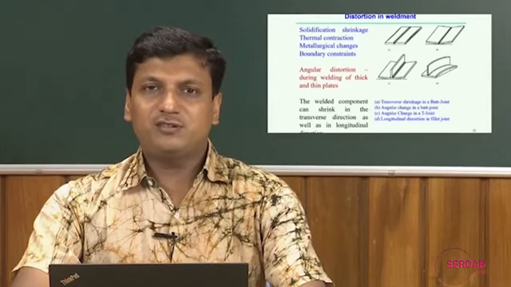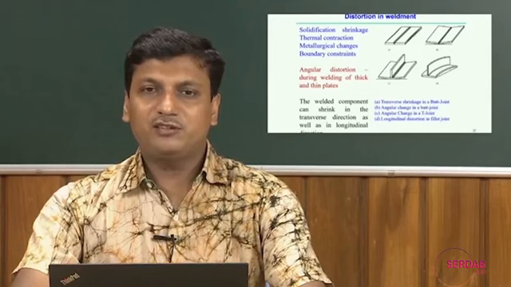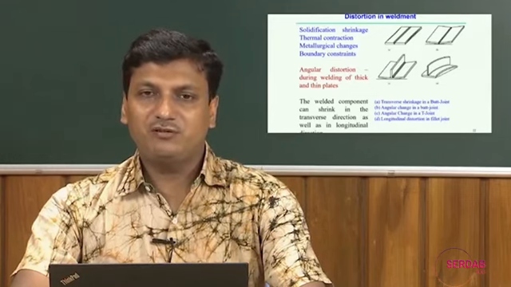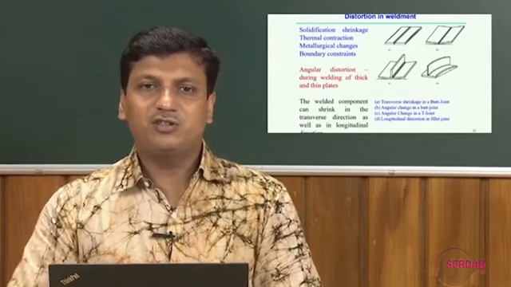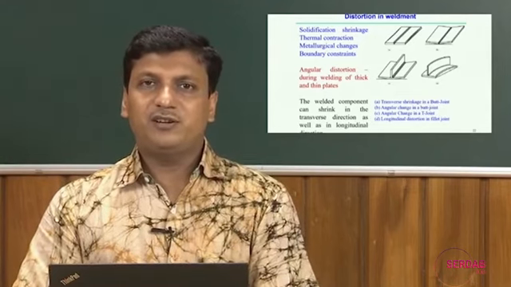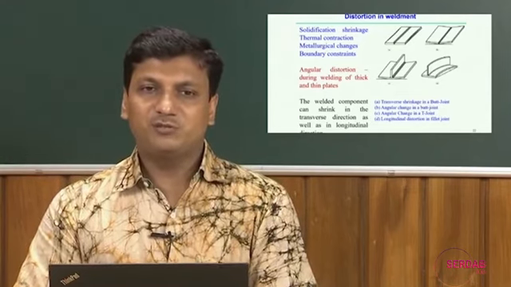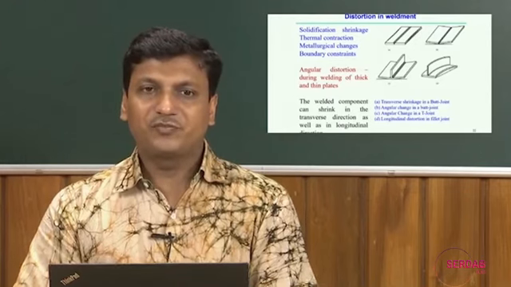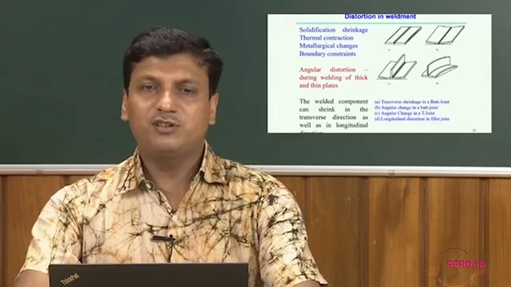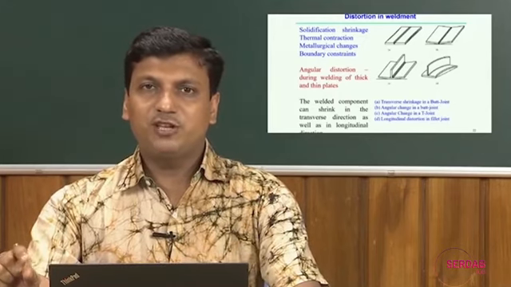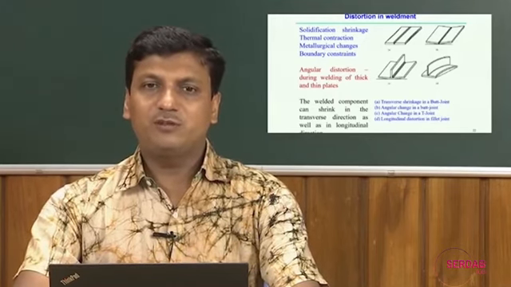Now, how can we measure or quantify the distortion in a weld joint? If you look at a butt joint configuration, the main straightforward way is to measure the angular distortion during the welding. Angular distortion can be measured even for the welding of a very thick plate or a very thin plate.